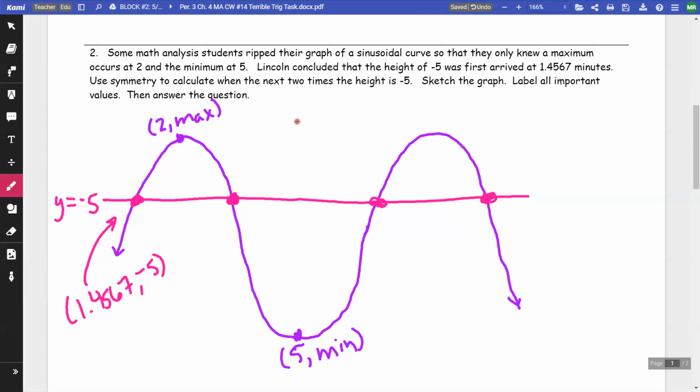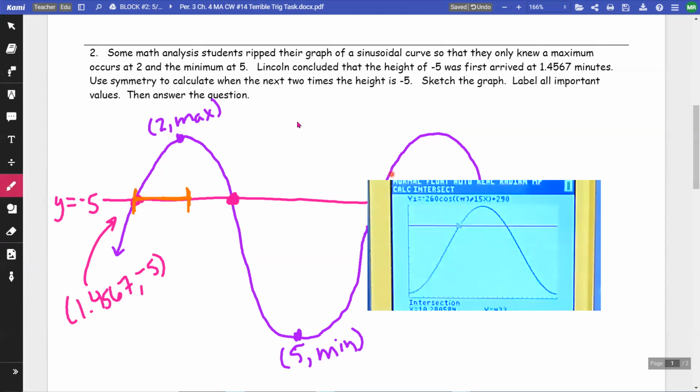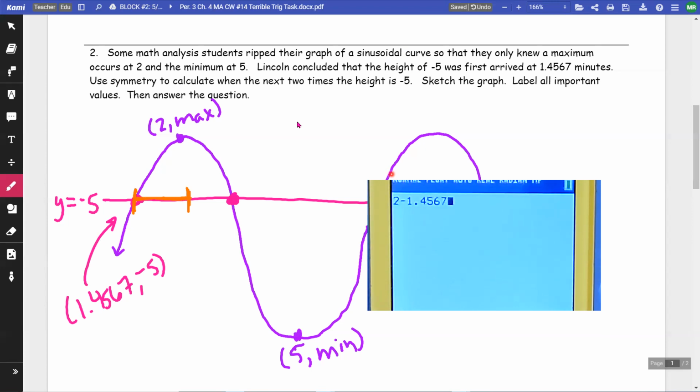Okay, so what I'm going to do is I know that from here to here, this distance, I can figure out by taking 2 minus 1.4567.